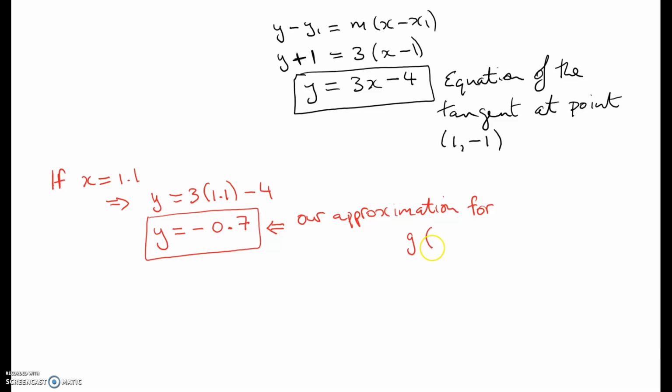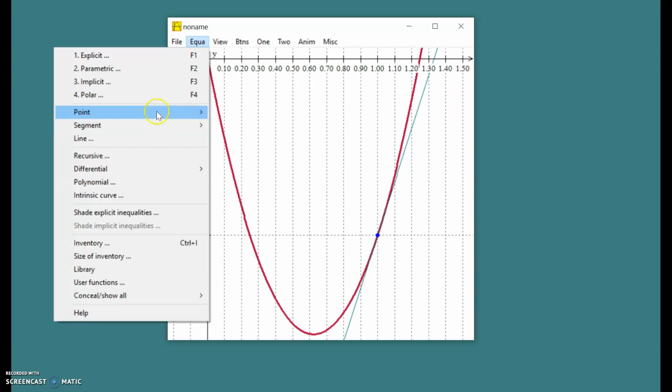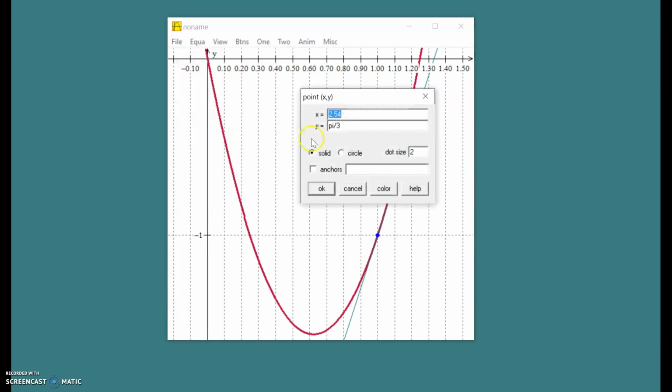Okay, so let's put that on our graph. The point is going to be 1.1, negative 0.7, and we'll see how close it is to the actual graph. So we'll draw on this new point, x is 1.1, and our approximate y value was negative 0.7.